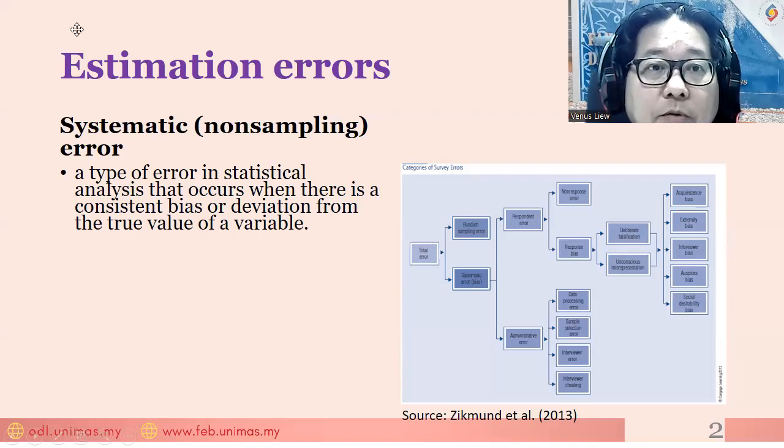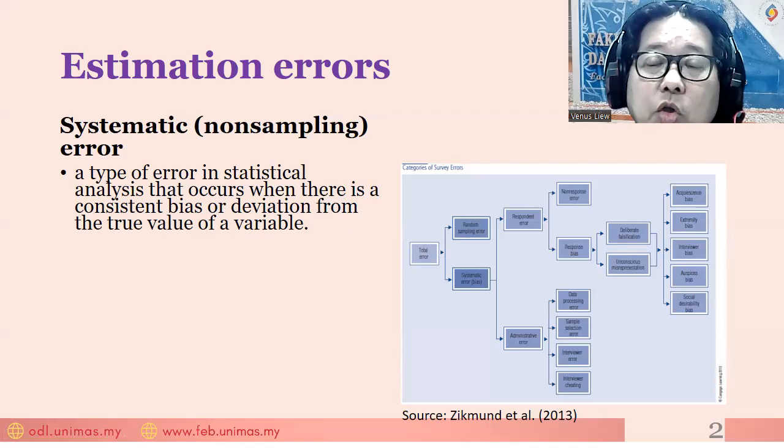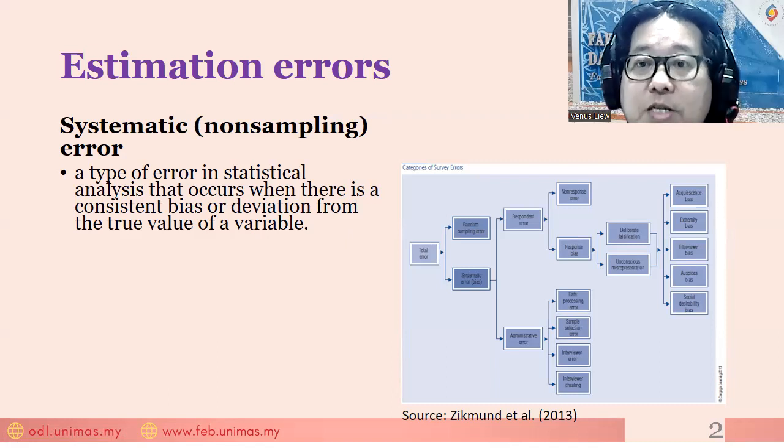We collect observations from samples in our survey so that we would like to find out the value of interest in the population.